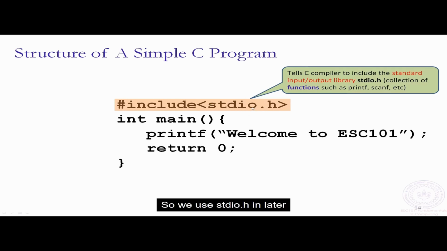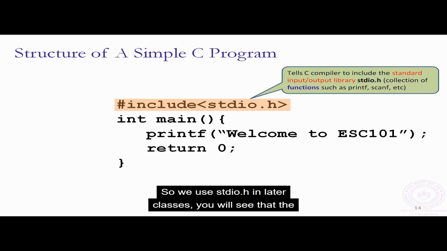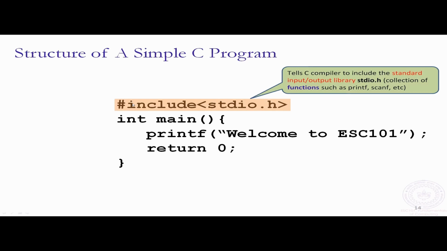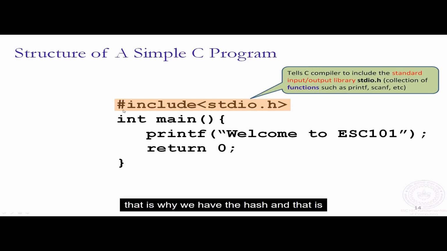So we use stdio.h. In later classes, you will see that there are other header files that we could potentially use. But for now, we just need to use this. So we are telling the compiler to include stdio.h while compiling this program. That is why we have the hash, and that is why we have the include.